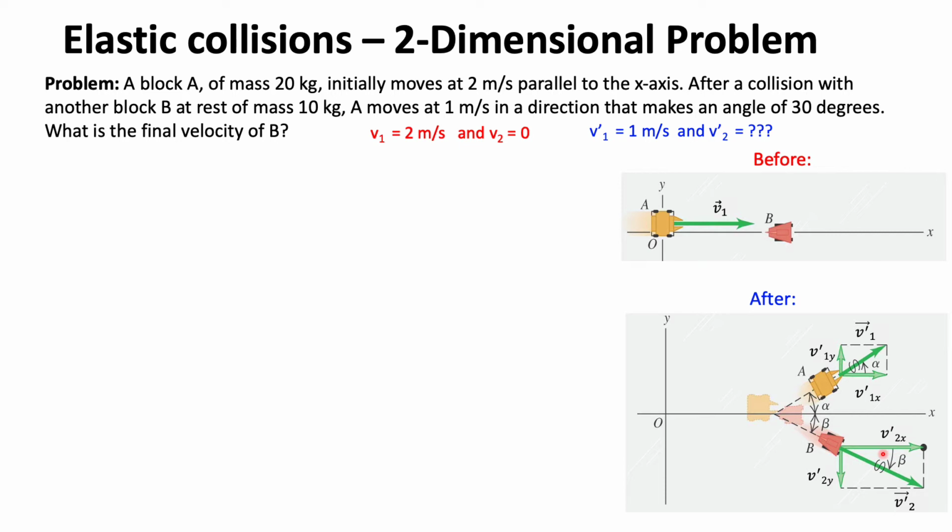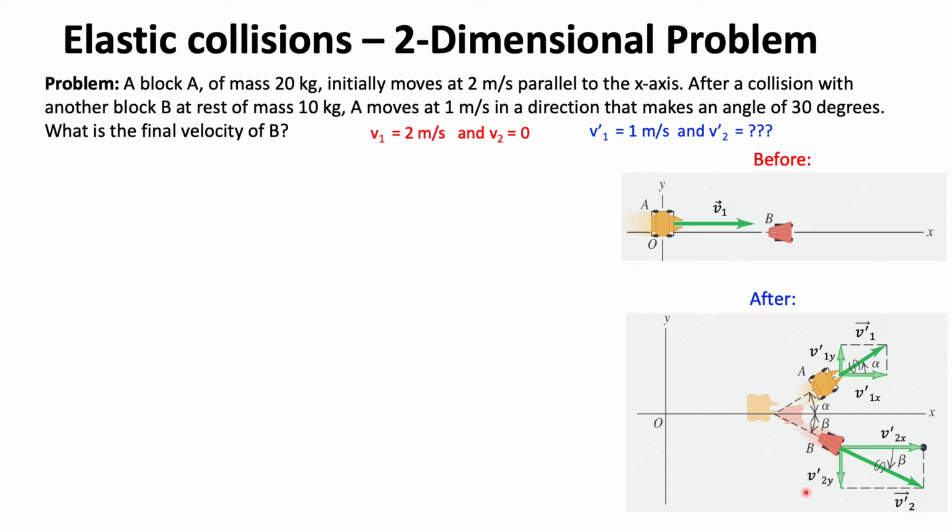Since this is a vector quantity, we would find its magnitude and direction by breaking up the velocities into two components, x and y, and applying the conservation of momentum for the x component and y component.